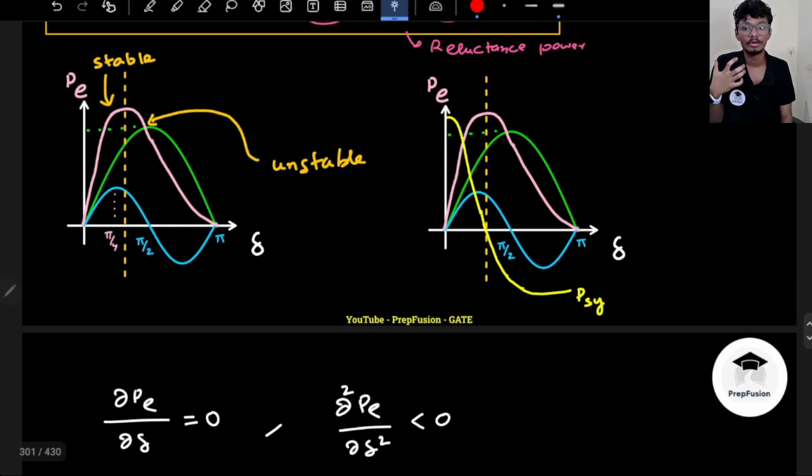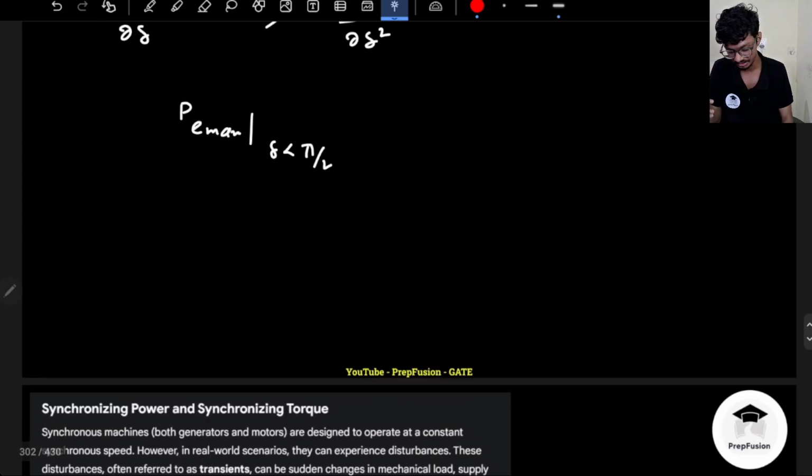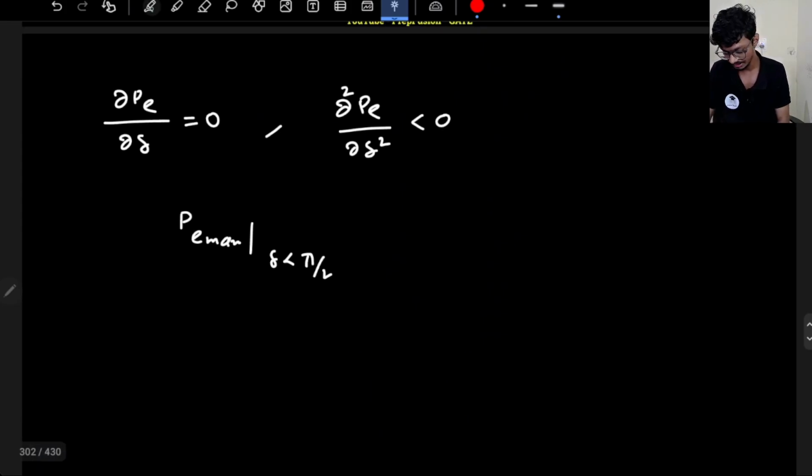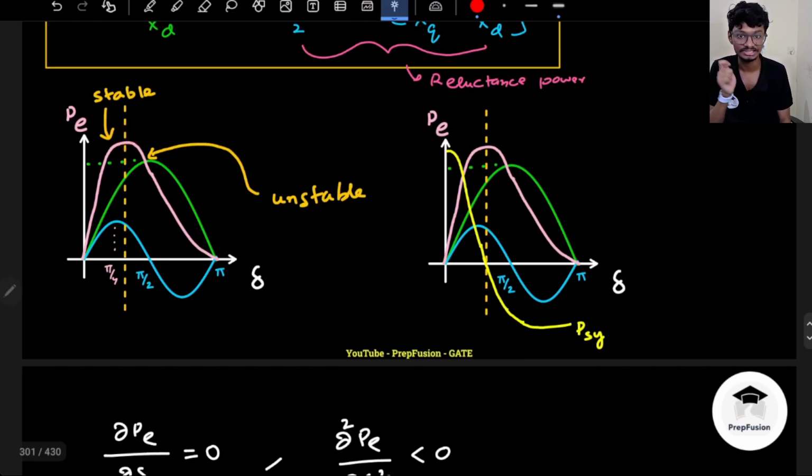So now even lesser amount of delta bandwidth I have for the stable region. So now the stable region will be somewhat lower. So stability has reduced. Although this maximum power is increased, the stability has reduced.